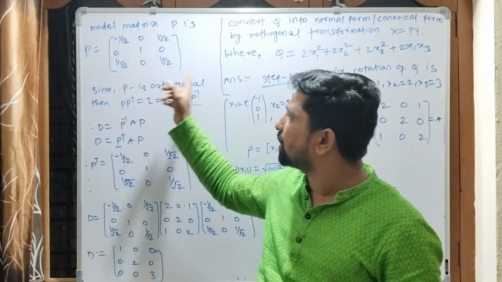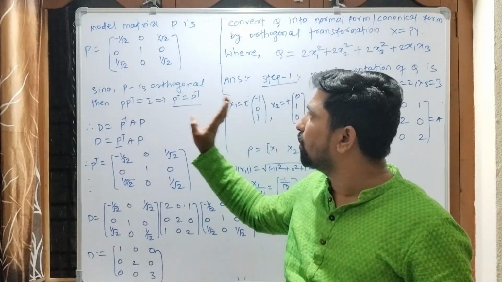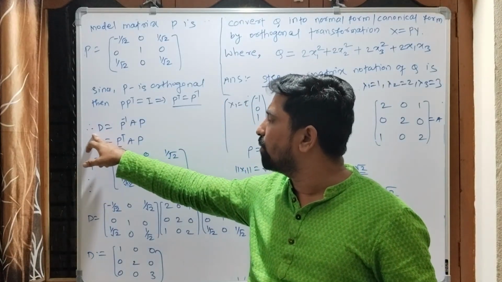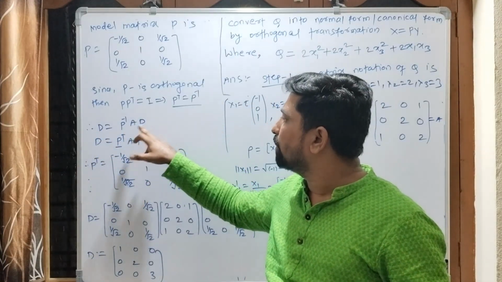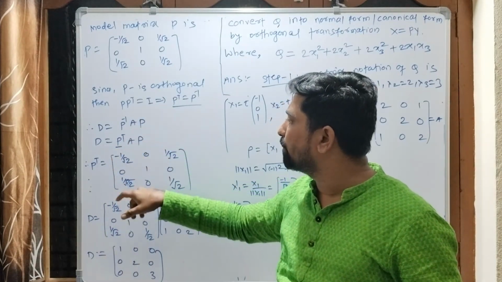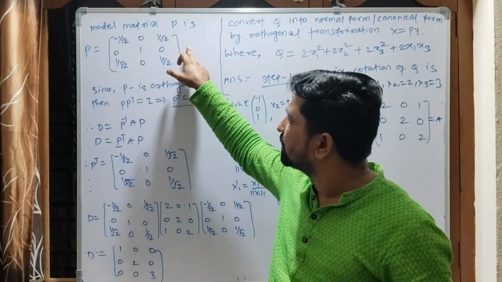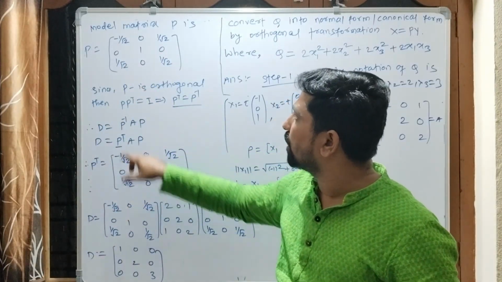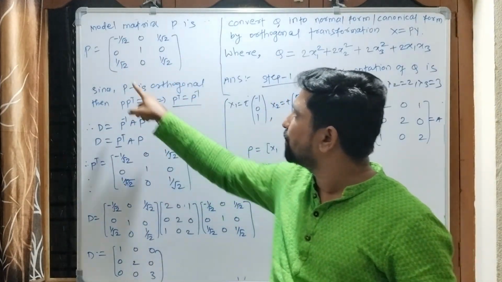After that, since P is the orthogonal matrix, P into P transpose equal to I, therefore P transpose equal to P inverse. Then the diagonal matrix D equal to P inverse AP, that is same as, since P inverse is same as P transpose, D equal to P transpose AP. Here if this is the P matrix, so this is my P transpose. First column becomes first row, second column becomes second row, third column becomes third row.